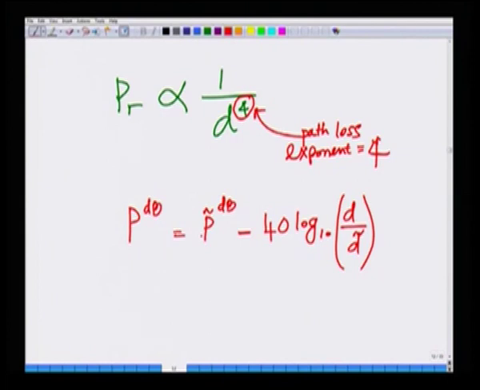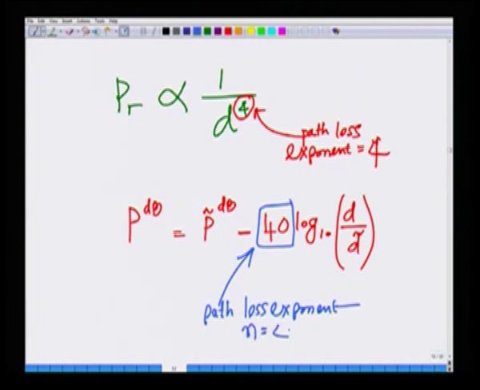P tilde is some reference power at distance d naught. This is the major aspect which arises because the path loss exponent n equals 4, and this 40 is essentially 10 times n. Okay, so that is what we are saying.